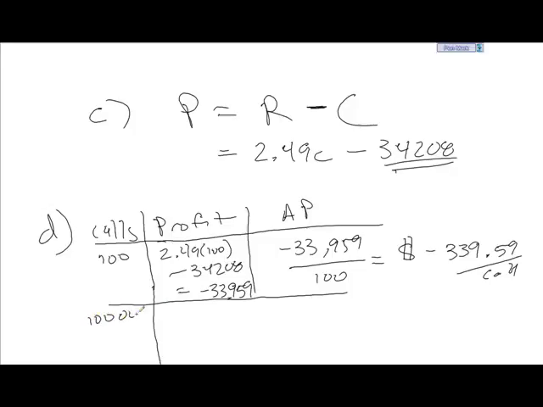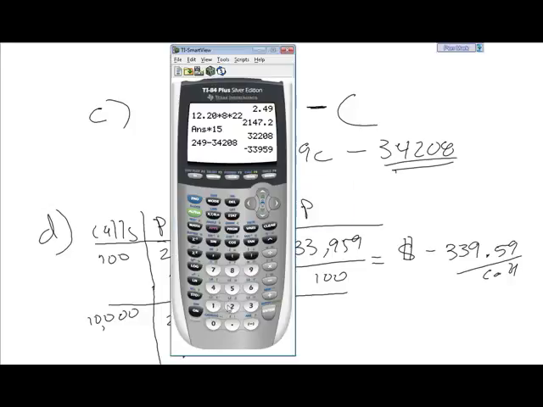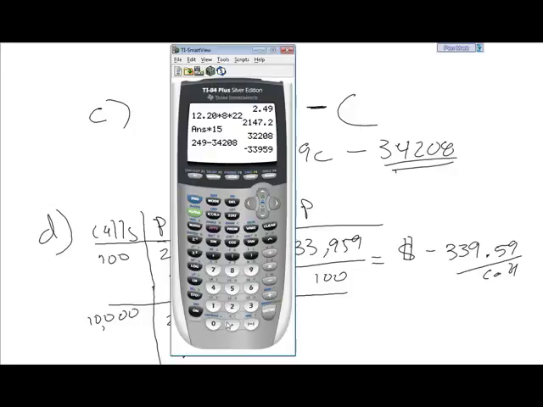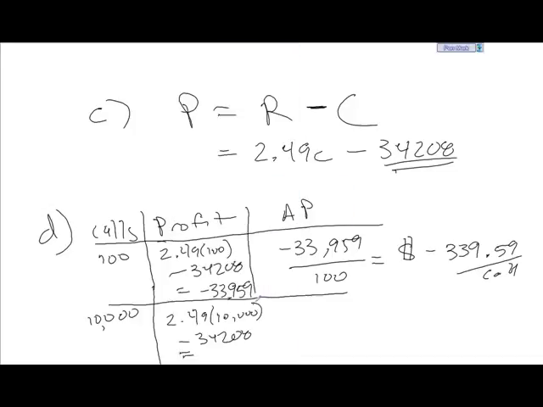So if 10,000 calls were made in that month, we have 249 times 10,000 minus 34,208, which, let's just do it in the calculator, is still a big loss, a profit of negative 9,308, or a loss of $9,308.